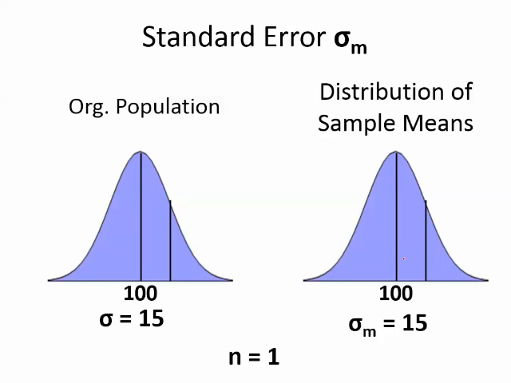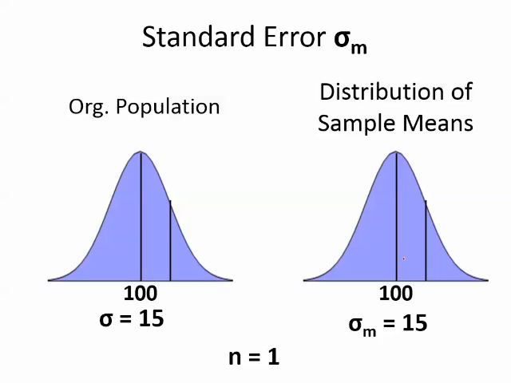And if we do that, our standard error, or the estimated distance we'd expect around the mean for our distribution of samples, would be identical to our population. This is because nothing has changed. We're only looking at sample sizes of 1. So we can look at the standard deviation of our population as our base rate. Our estimated standard error will never be greater than that.